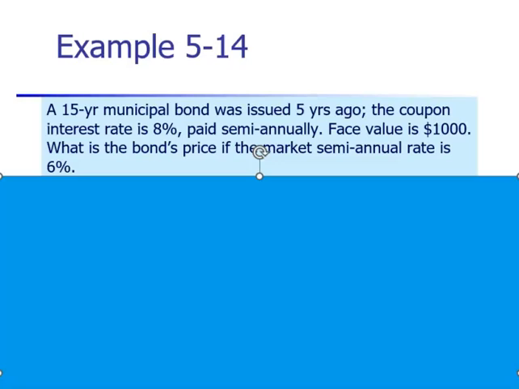Okay, a 15-year municipal bond was issued 5 years ago. So, what does it mean? If I draw the cash flow, it means that here at 0, we bought a 15-year bond.